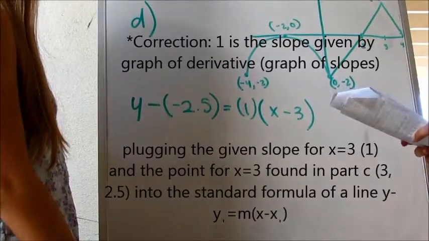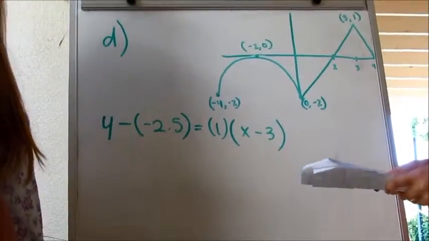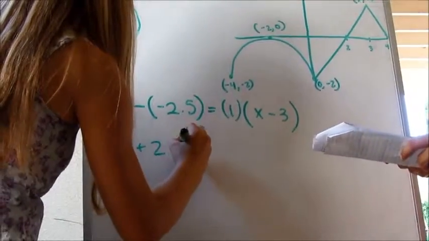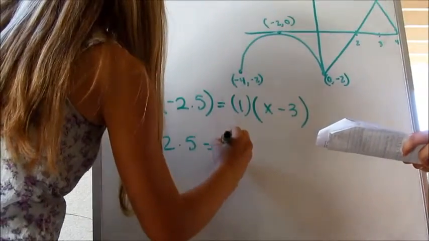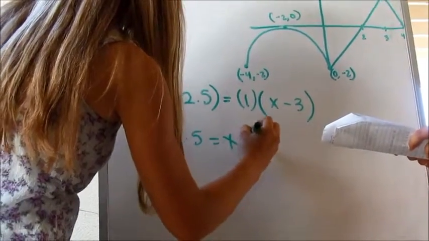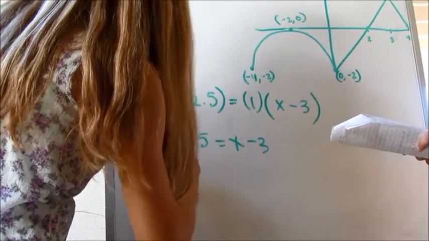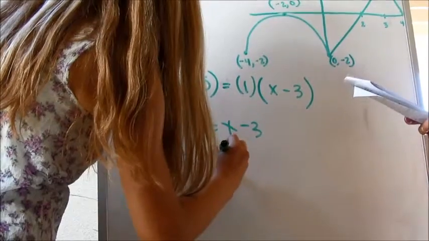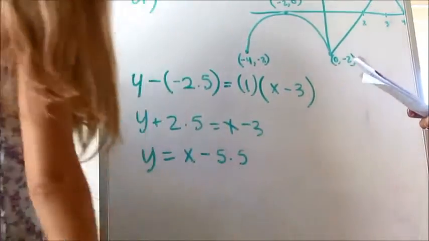And that's your answer. And if you're going to simplify it, you get y equals x minus 5.5.